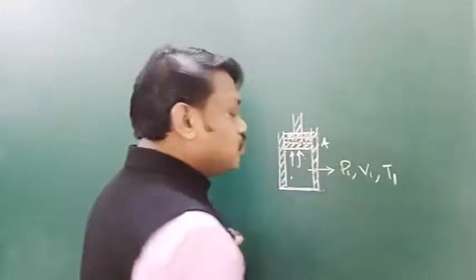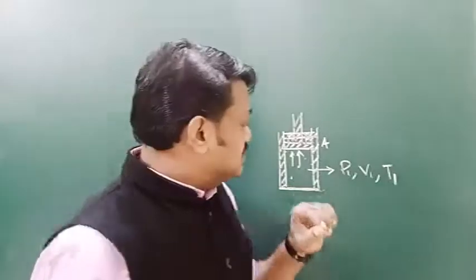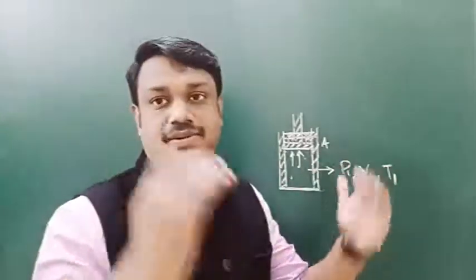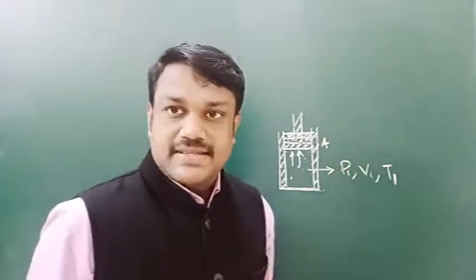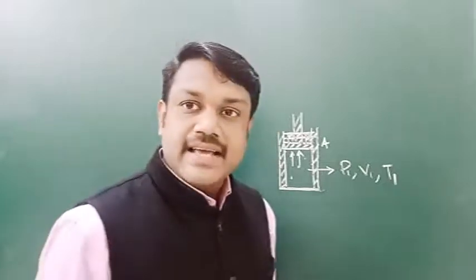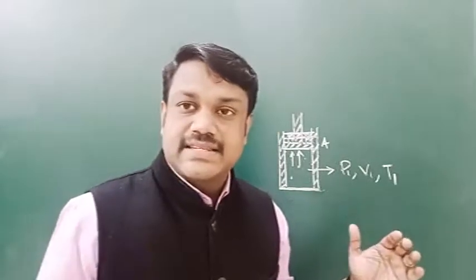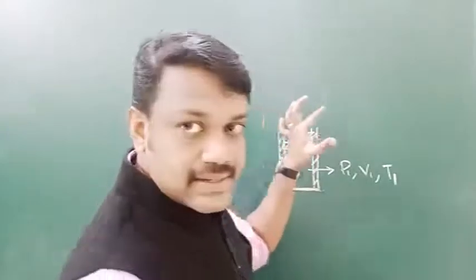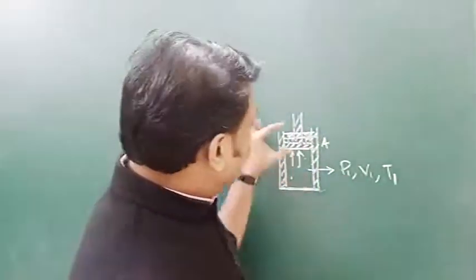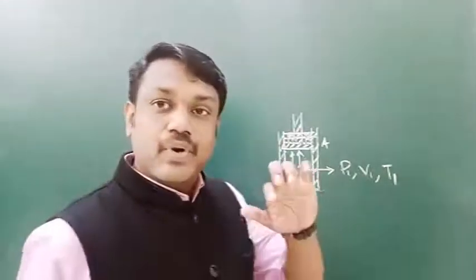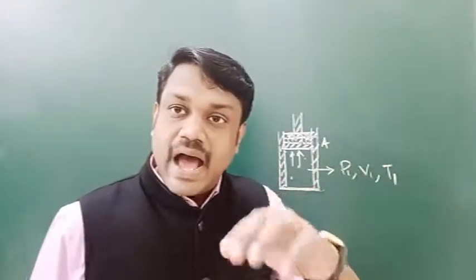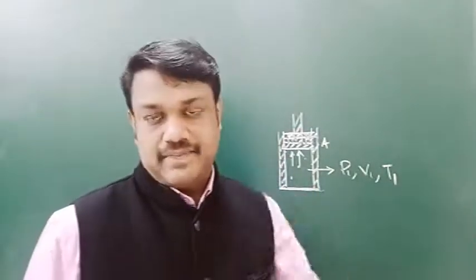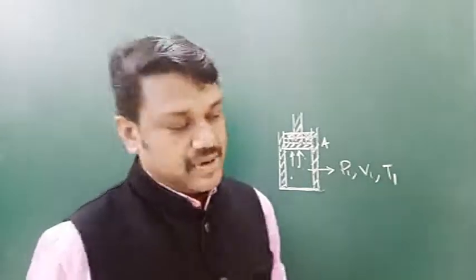To move the piston back, the system has to expand. What is the system? The ideal gas. So the gaseous system has to expand so as to move the piston back. To move the piston in the upward direction, the system has to do work.